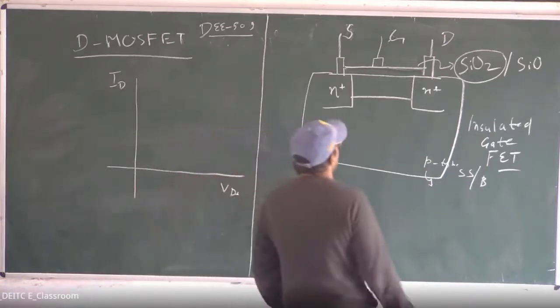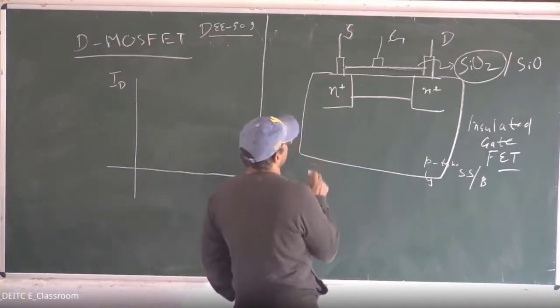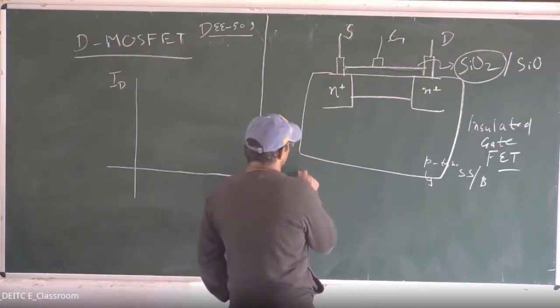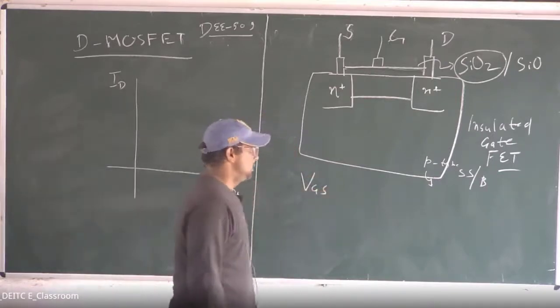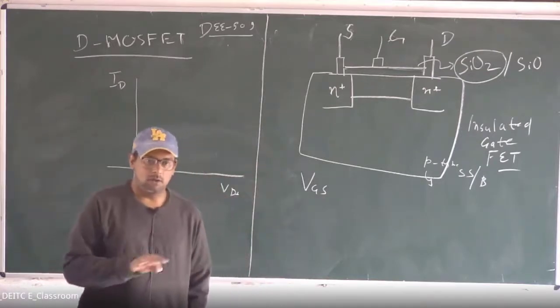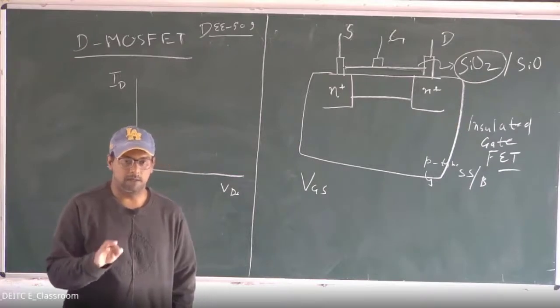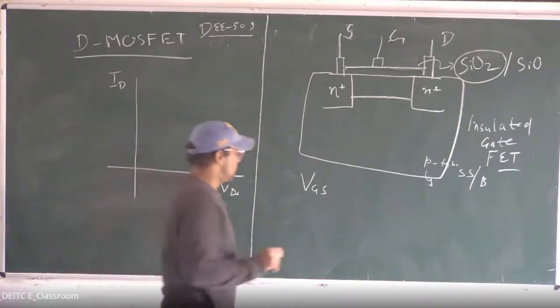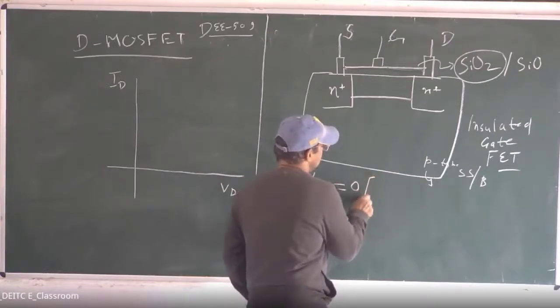Here there are three things we need to understand, that VGS, basically everything depends upon the VGS. Because I have already discussed it, I am not going to revise it completely, but I will discuss it in a very brief manner.